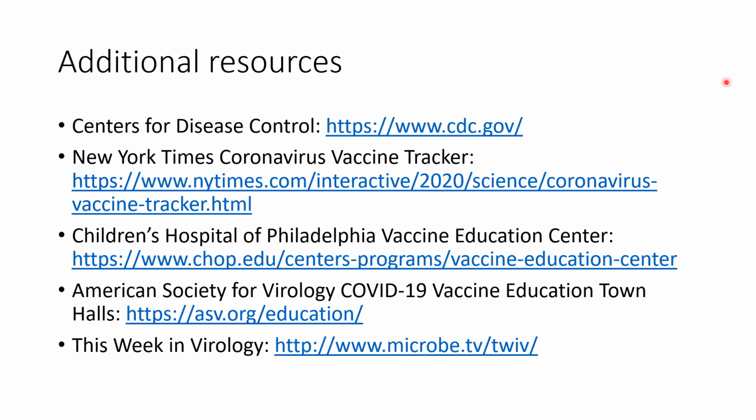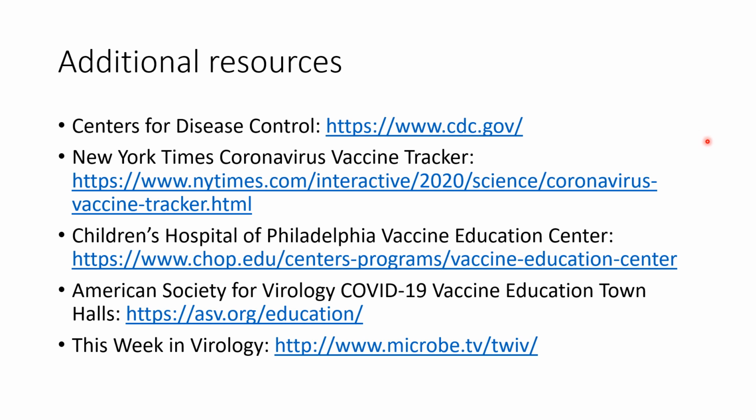I want to point out a few additional resources. The go-to resource is the Centers for Disease Control, which has all the latest updated information on the disease and on the virus and vaccines. If you're interested in the particular vaccines that are being developed, the New York Times Coronavirus Vaccine Tracker I have found to be absolutely excellent.